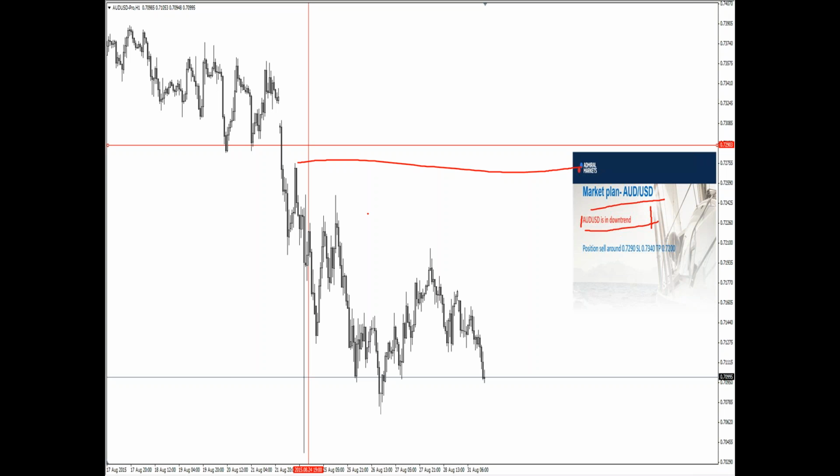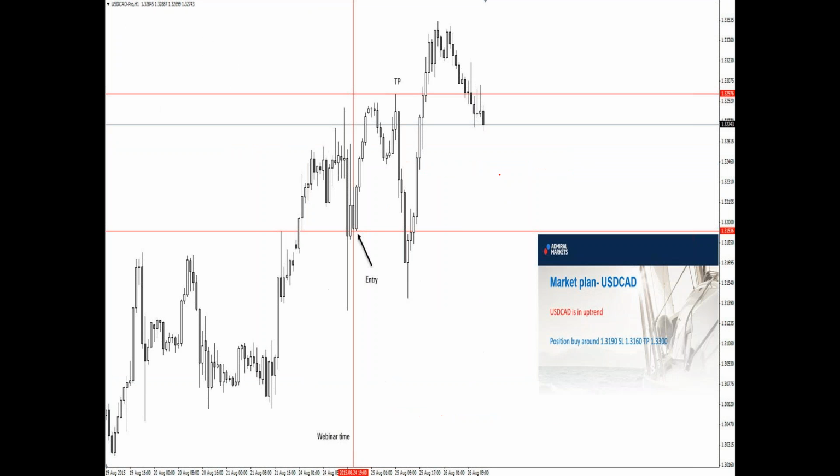So definitely you should have watched this and tried to take another entry if you saw that the price was reluctant to hit our entry zone, okay? So 72.90 unfortunately was not hit, but the price went to our target without hitting our entry spot.